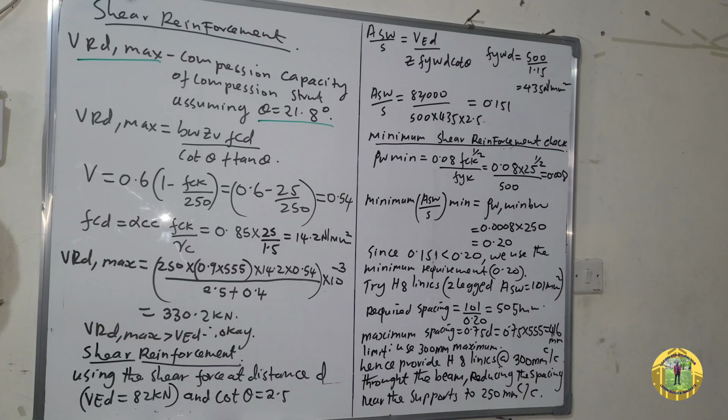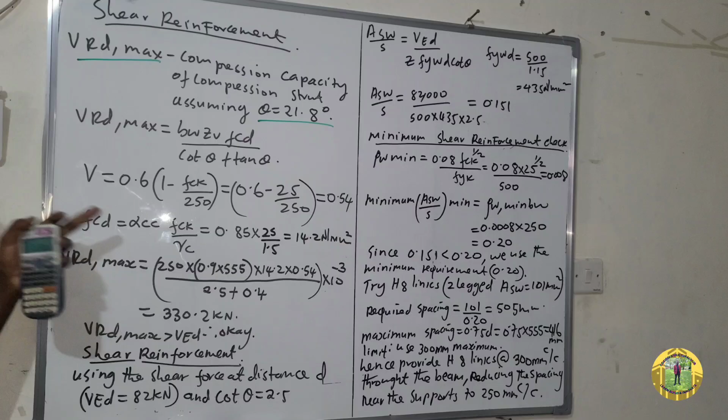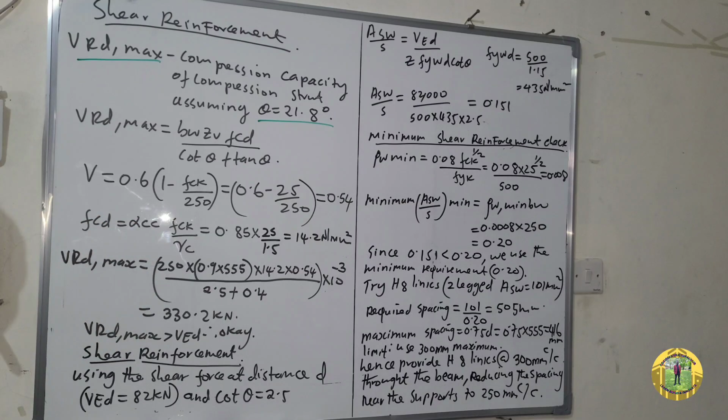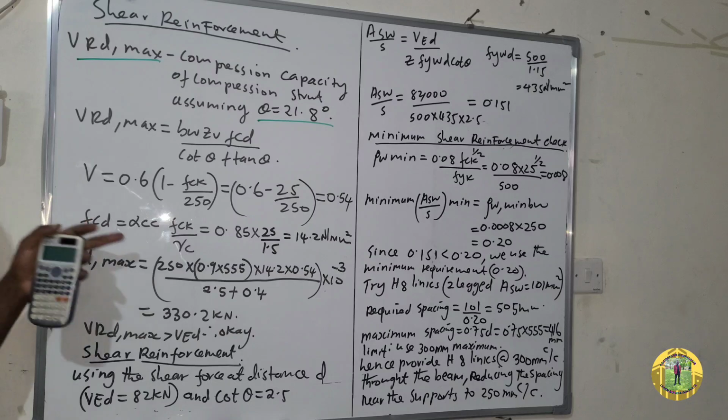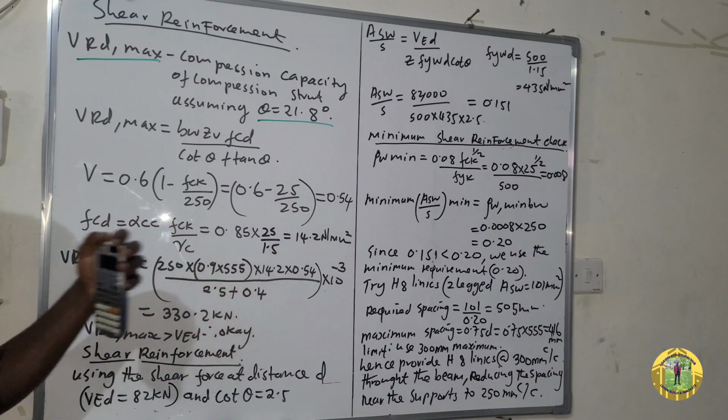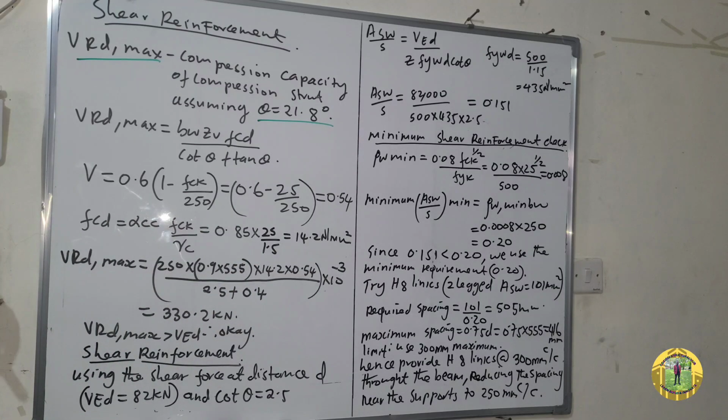And then FCD is given by this formula. Alpha CC is 0.85 times FCK, which is the strength of concrete, which is 25, over 1.5, the partial safety factor for concrete, and you will get 14.2 Newton per millimeter square.